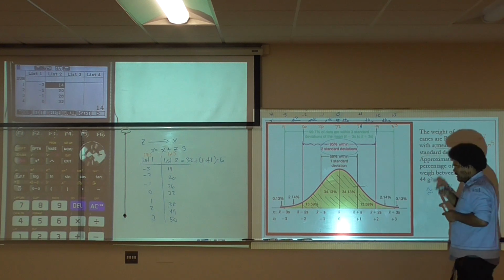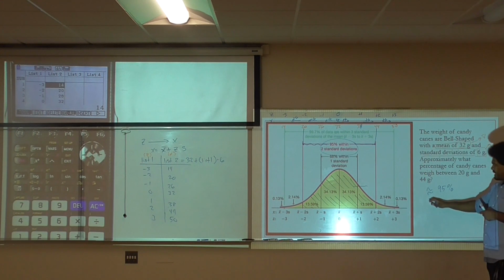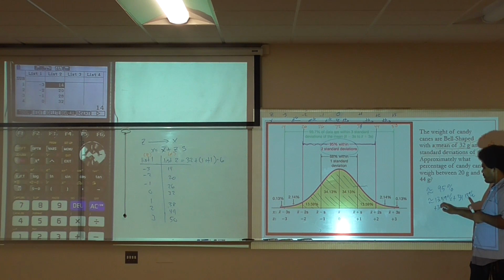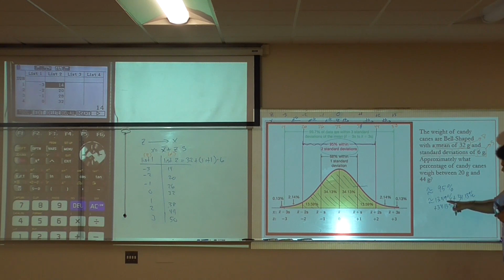If you got all the sums there, we just have the 13.59% plus the 34.13% plus another 34.13% plus another 13.59%. You could literally have taken 13.59 times 2 and added 34.13 times 2.